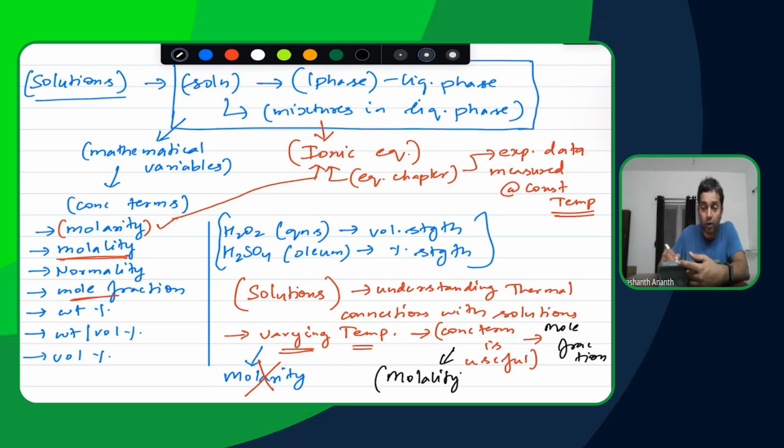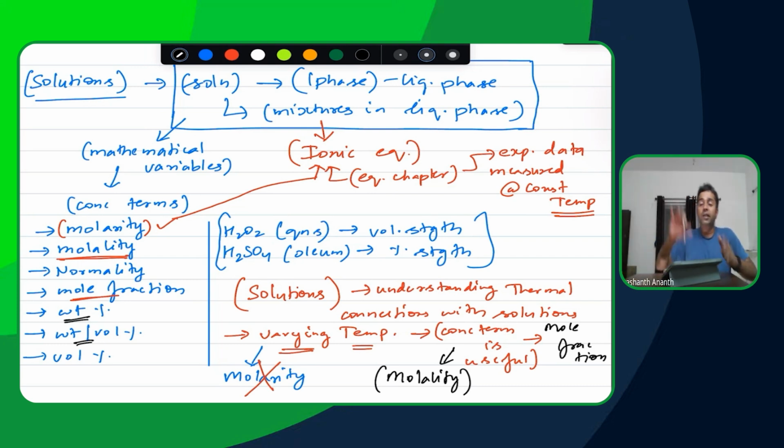Of course, when those two become more important, weight percentage and weight by volume percentage also become more important. In some questions, they might give you weight by volume percentage or weight percentage, and then you'll have to do some conversions and arrive at the starting point of the question.